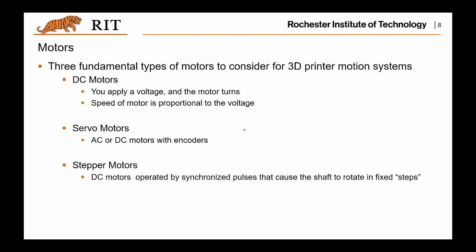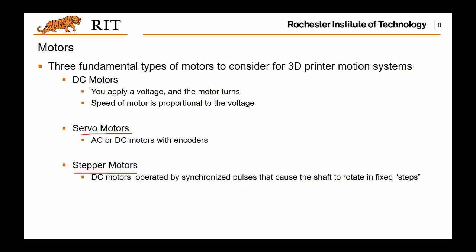You don't have much control on the DC motor, but that's not the case for us, right? We definitely want to have a relatively precise control on the motion, on the revolving of the motor. So that's why we usually look at the servo motor and the step motor.